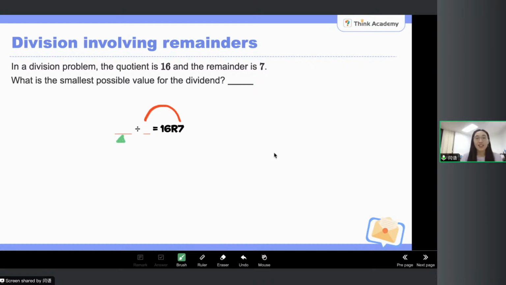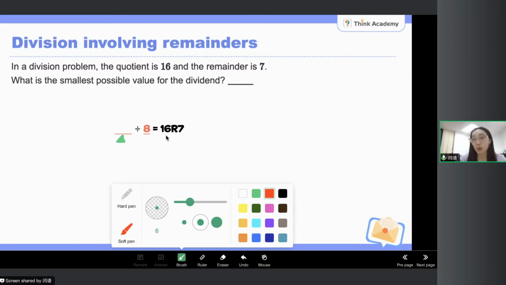Okay, good. The remainder is already 7. So which number is just a bit more than 7? Don't tell me 7.5. Make sure that it is a whole number. Which number is a bit bigger than 7? That is 8, right? So the smallest possible value for the divisor should be 8.